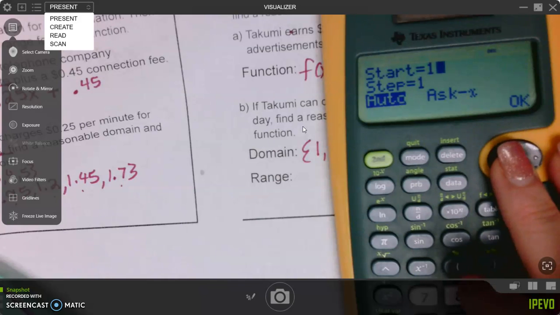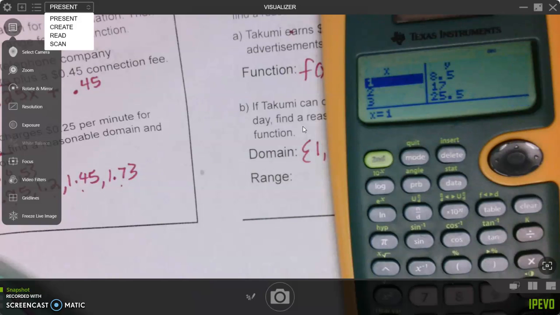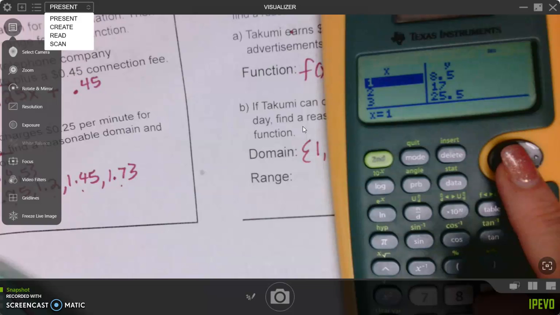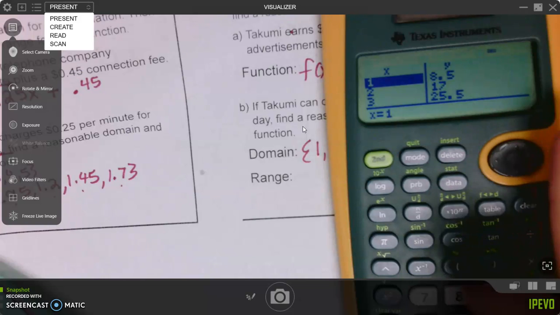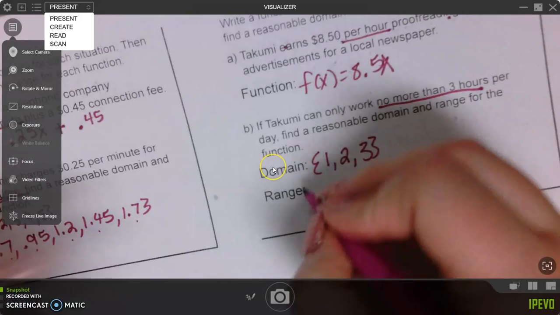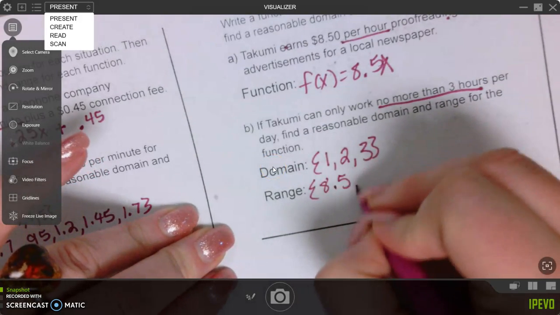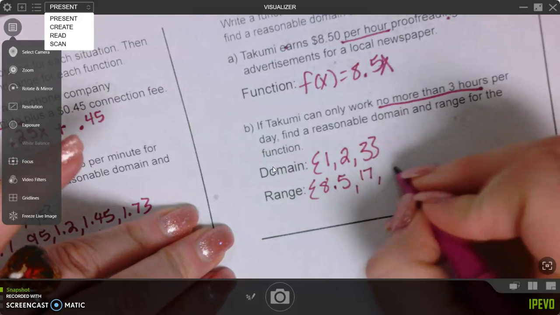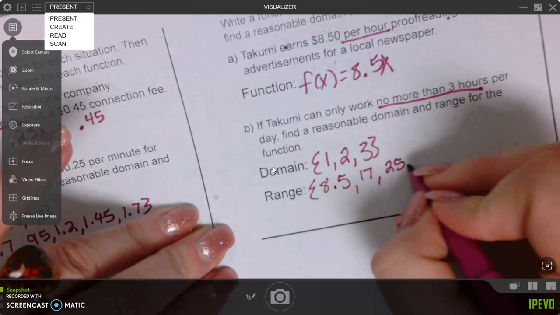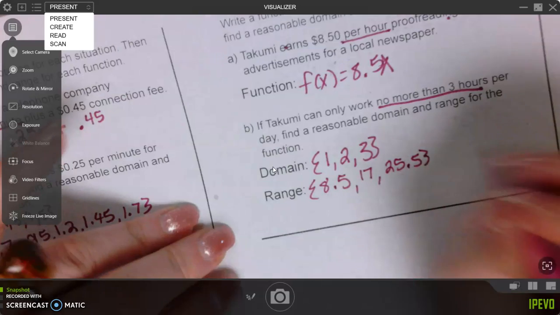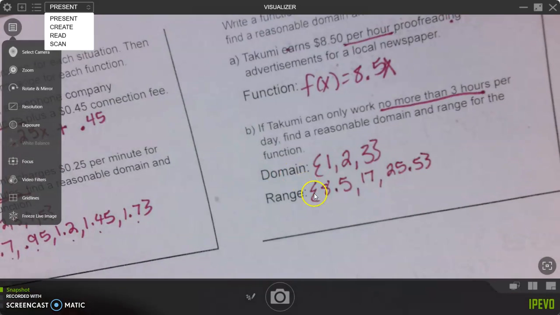You want your step to be 1. So arrow down until you get to OK, hit OK. So our range values would be 8.5, 17, and 25.5. So that goes here. Okay, and that's how you do the notes for today.